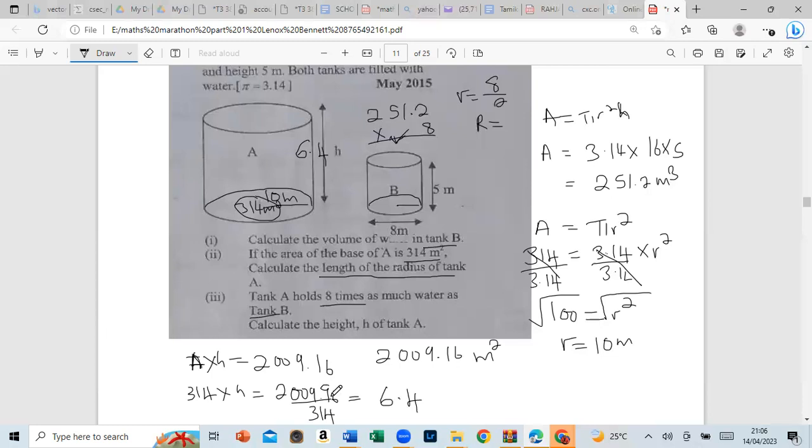So we just have to find out which number we multiply 314 by to give us that figure, which is the 2009.